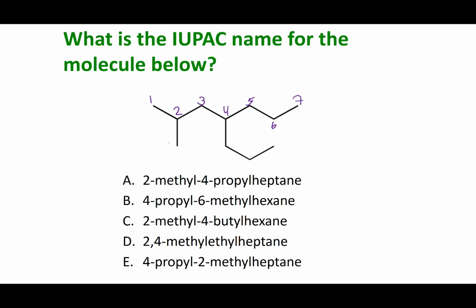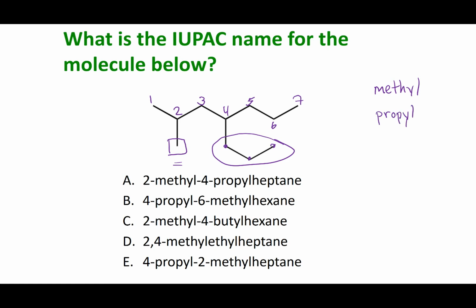I have a substituent here, and I have another substituent right here. So let's go ahead and label these substituents. My first substituent, this one right here, is only made out of 1 carbon, so that is going to be methyl. My second substituent is made out of 3 carbons, so that's going to be propyl.